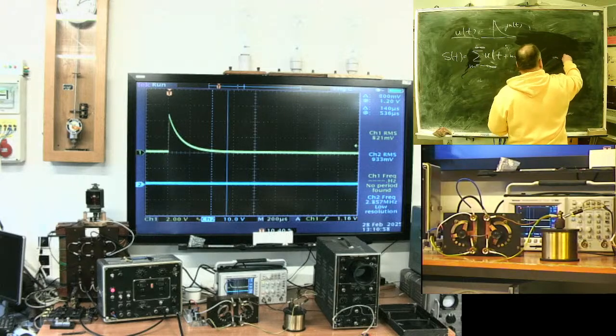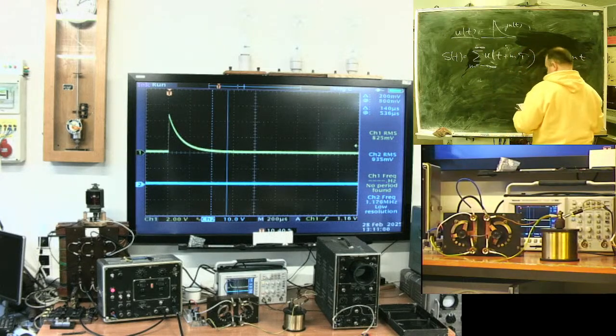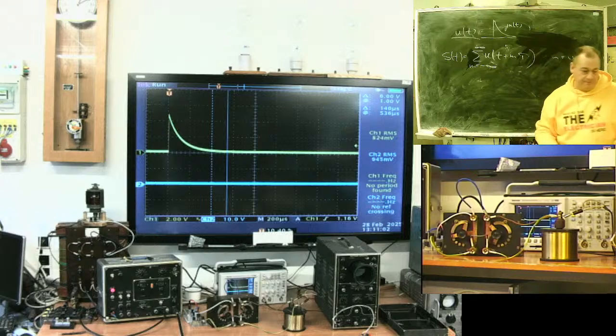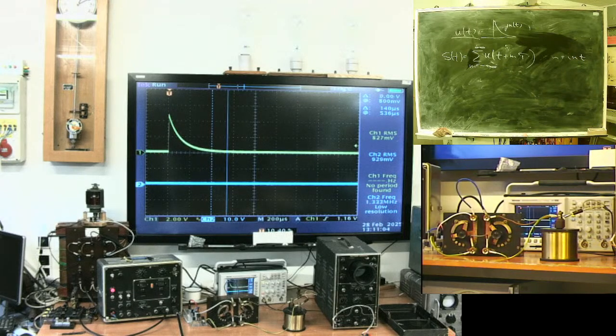Here, m is simply an integer. I will create a sequence.